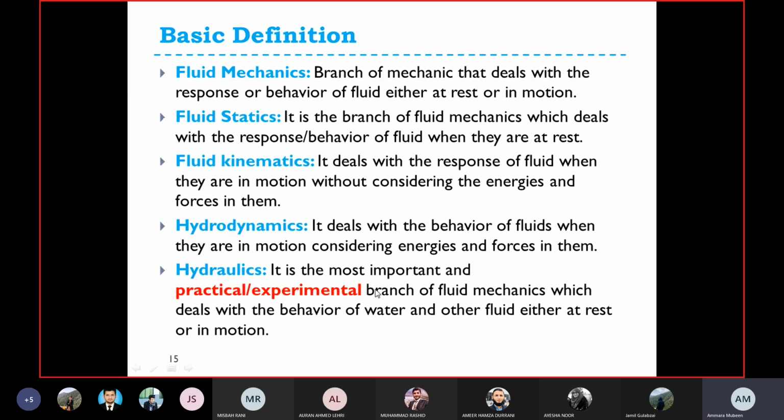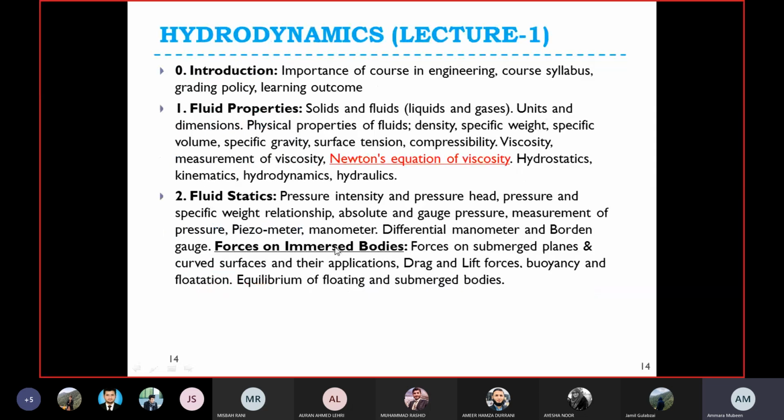Then after fluid statics, we shall be covering, okay, I think there is one slide missing, which is regarding the fluid dynamics and the other contents of the course. So let me tell you orally without checking the slide. After fluid statics, we shall be covering fluid kinematics, laws of fluid kinematics and fluid dynamics.